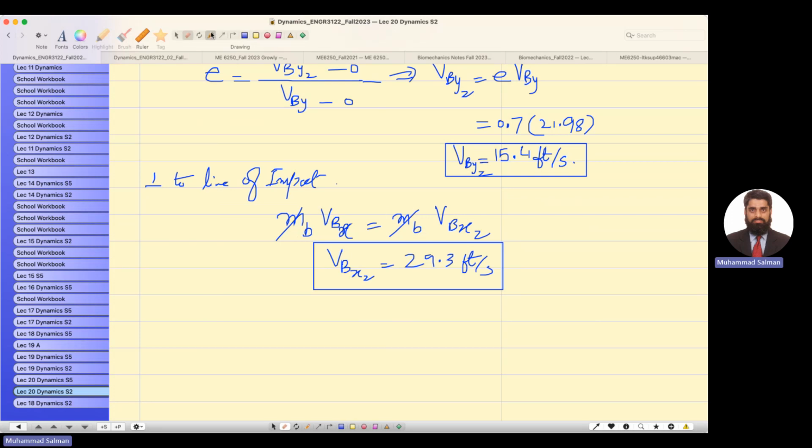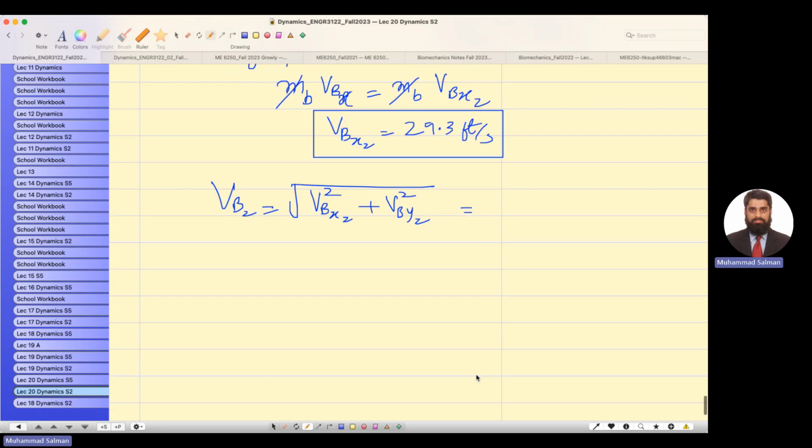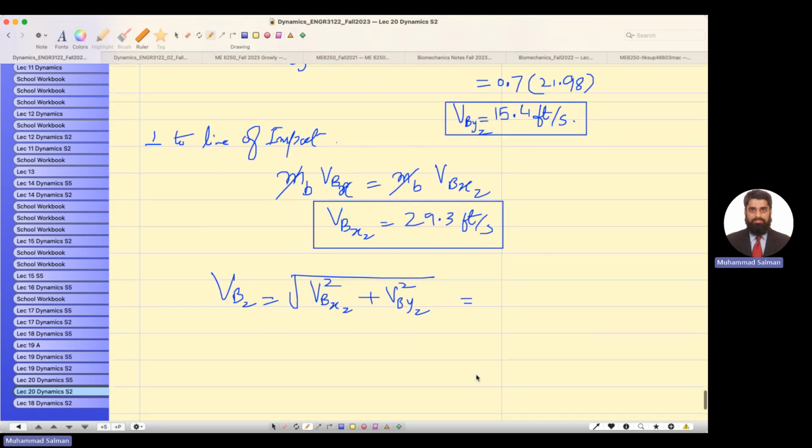Do you remember that for a right angle triangle, the final velocity equals the magnitude formula, the square root of VBX2 squared plus VBY2 squared? What do you guys get for that? Please do me a favor, find this out. And I'm going to show you the final answer, theta equals tangent inverse of VBY2 over VBX2.